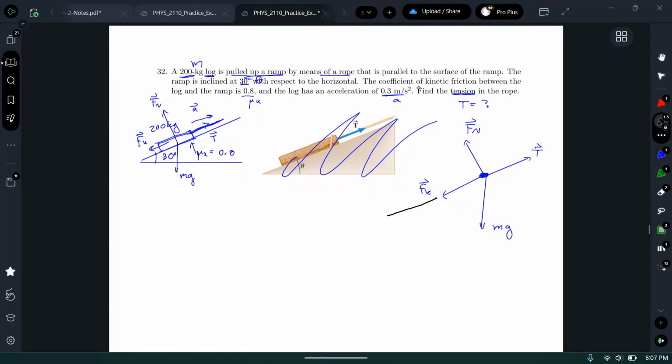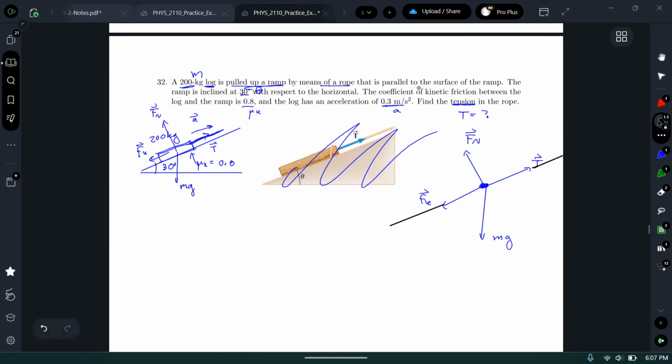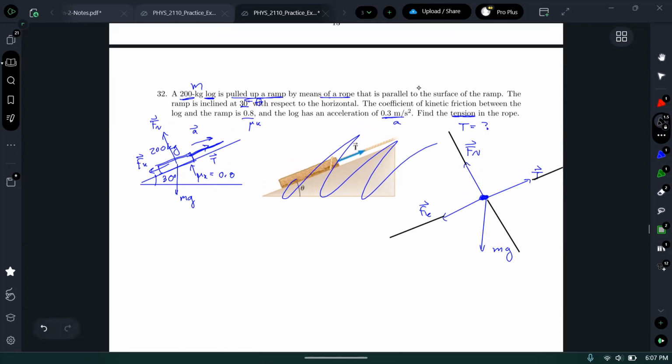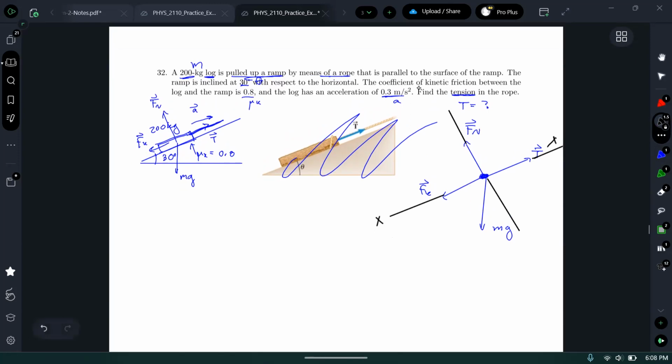That would be FK and the tension force are parallel, since tension is parallel to the ramp, and then FK is also parallel to the ramp. And then this will be my other axis, the normal force, since that's going to be perpendicular to the surface of the ramp. The other bit is whether I call this X or I call up here X.